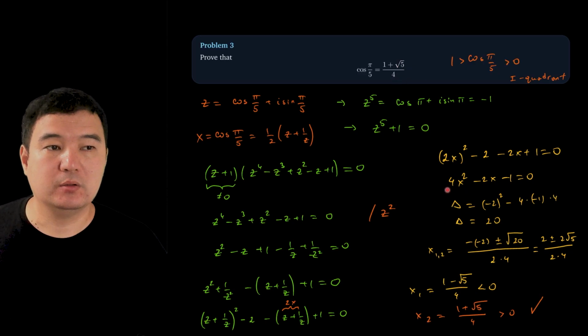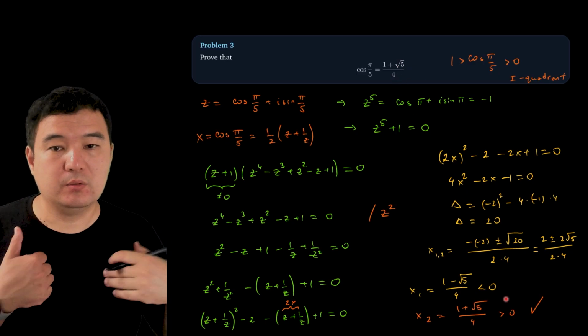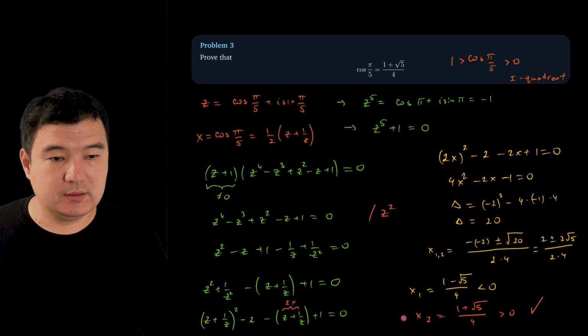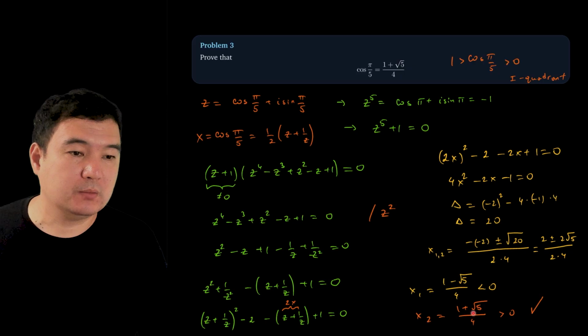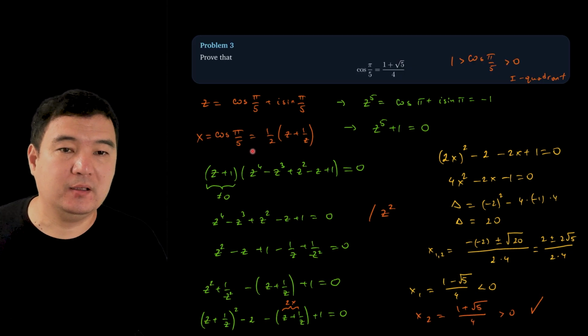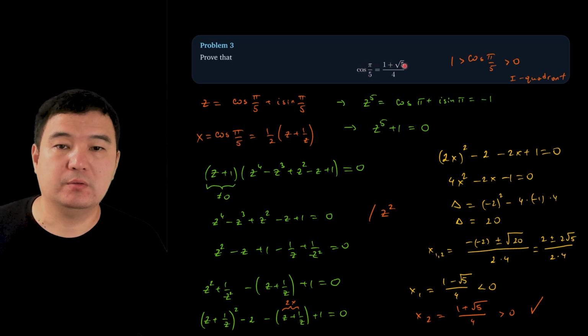That's the number we are looking for. So x is equal to 1 plus root of 5 over 4. And we defined x as cosine pi over 5. So basically cosine pi over 5 is equal to 1 plus root of 5 over 4.